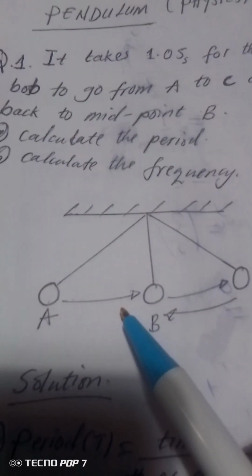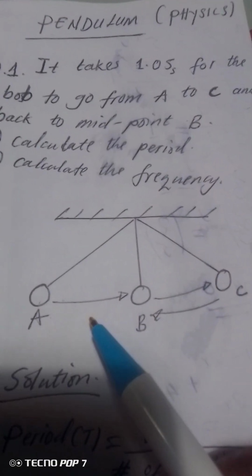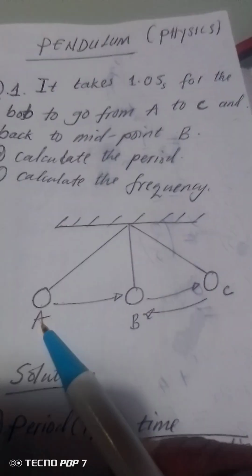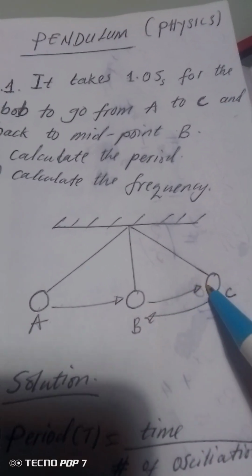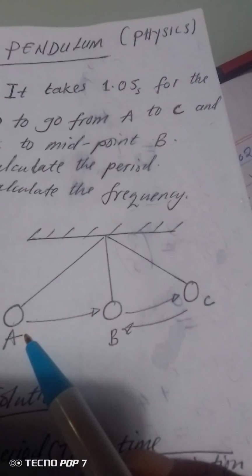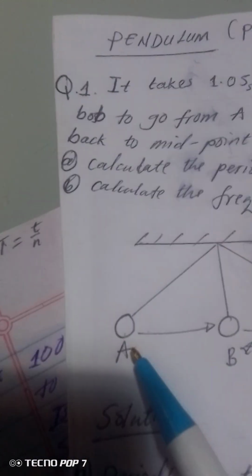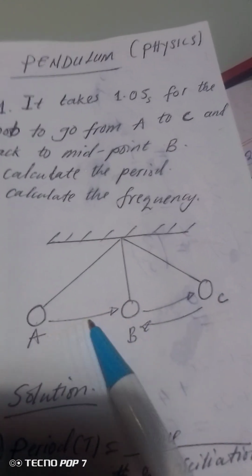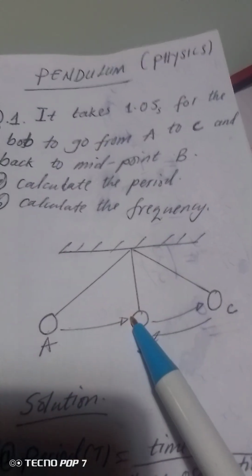So this is a simple pendulum. For it to make a complete oscillation, it has to go from point A to point C, passing through B, and then from C going back till it reaches point A. So when it goes from A to B, that is 0.25, or a quarter.